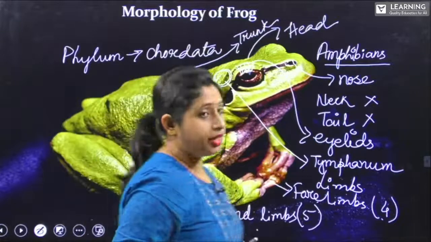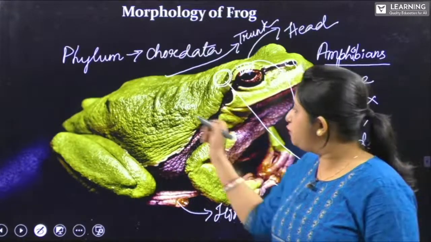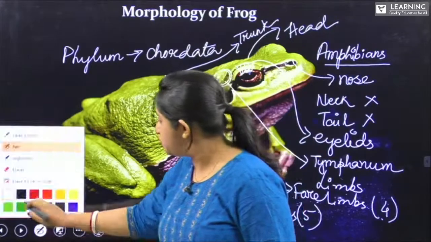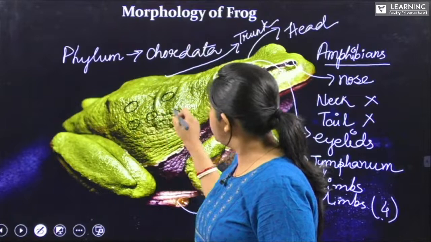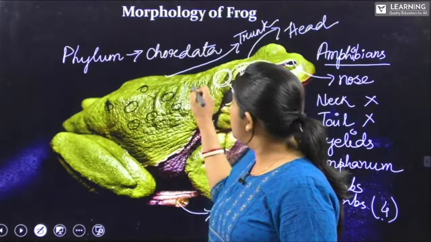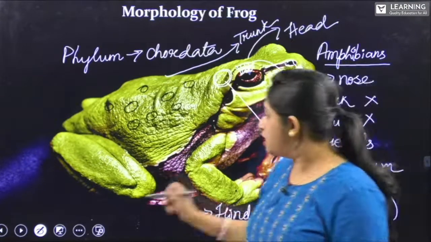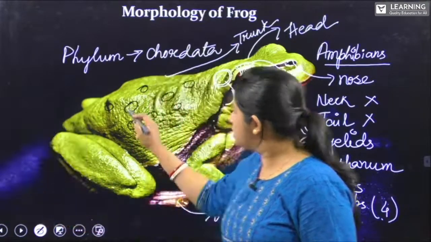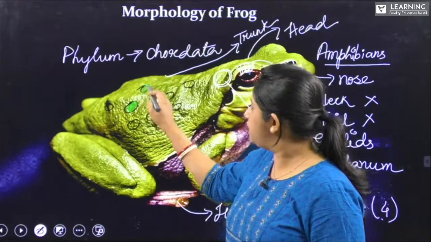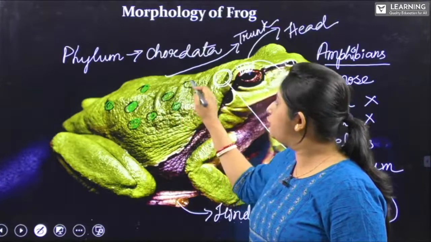Generally you will see that the body of the frog has patches, green or brownish in color. In the body of the frog you will see some green patches, green dots, generally olive green in color.